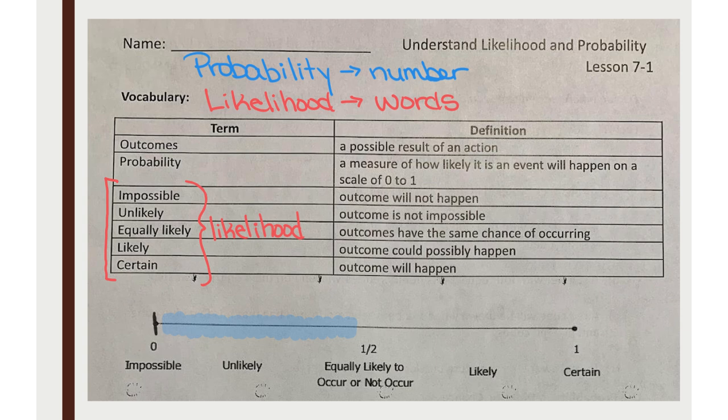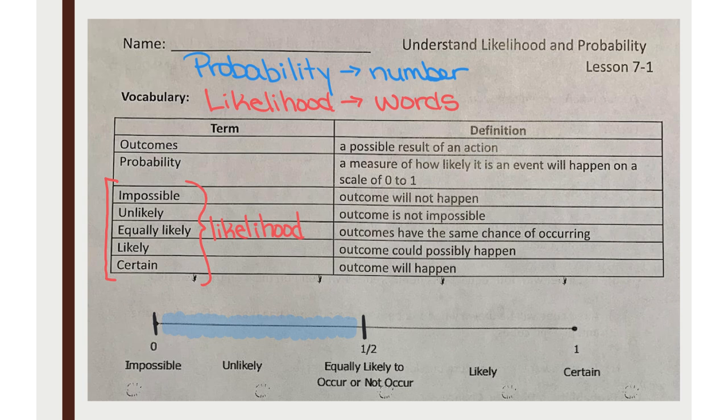You have 0. That's impossible. You have your 1/2. That's our 50-50. Anything between them is considered unlikely. If the weather forecast is a 15% chance of rain, unlikely. A 40% chance of rain, unlikely. When you roll the dice for your game, the chance of rolling a 6 is unlikely, because it's only 1 out of 6.